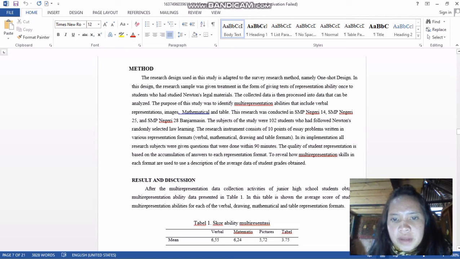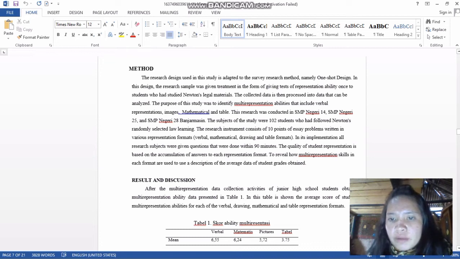The research instrument consists of 10 easy problems written in various representation formats: verbal, mathematical, drawing, and table formats. In its implementation, all research subjects were given the questions to be done within 90 minutes. The quality of student representation is based on the accumulation of answers to each representation format.